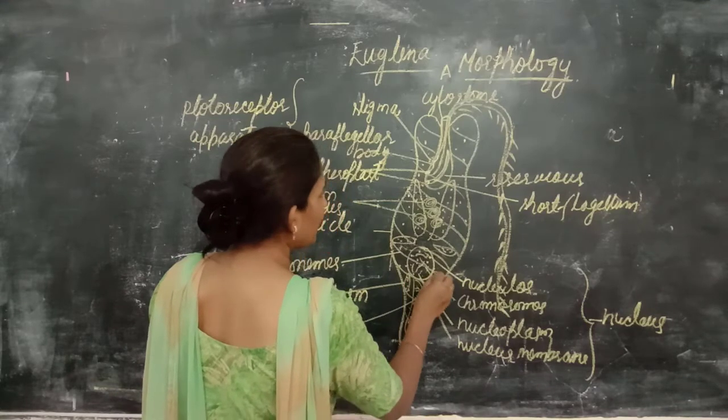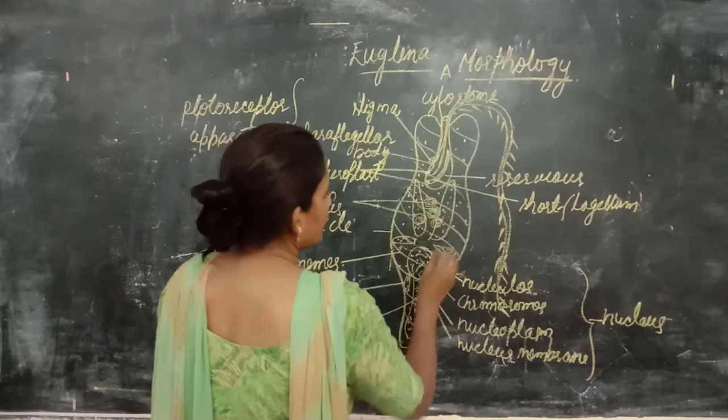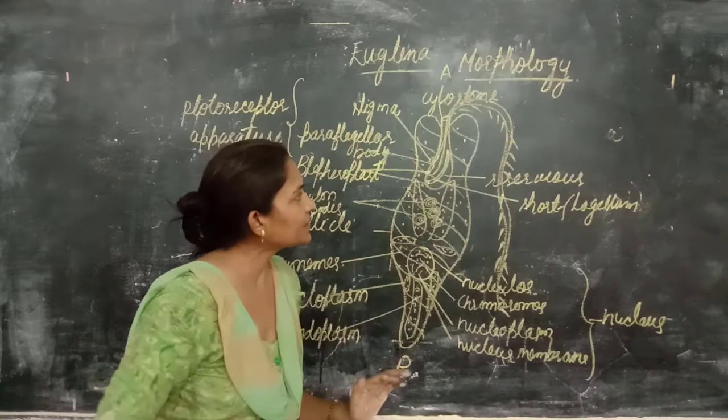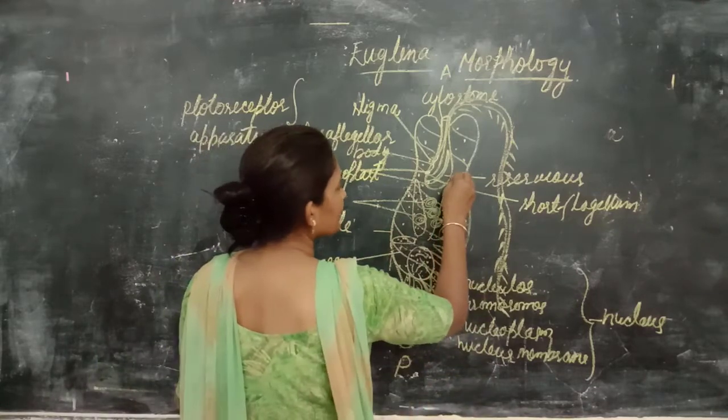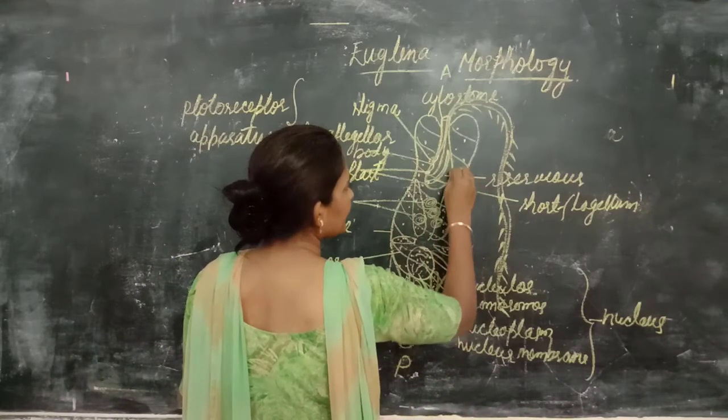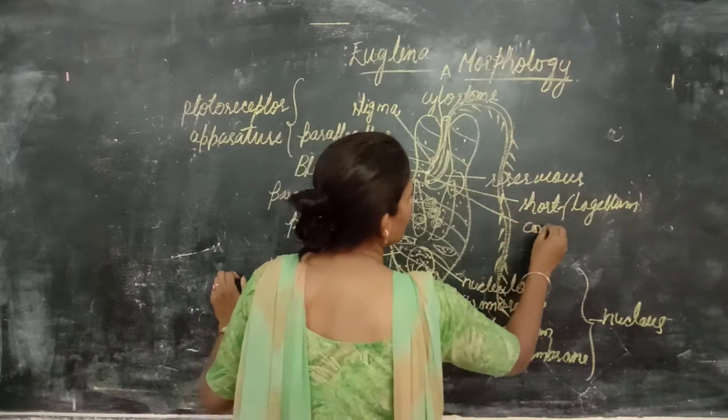Now this is the chloroplast, and besides this, here is the most important thing, the contractile vacuole.